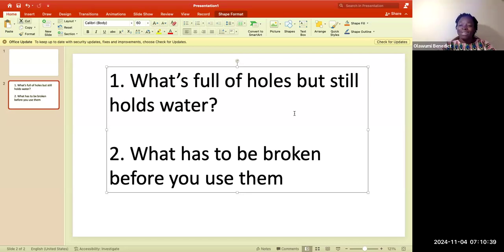Everybody is correct, because if we look at it from the 2 different angles that each side put up, from the farmer side and from an ordinary person perspective. From the farmer side, yes, soil is correct. Soil is full of water, full of holes, but it never holds water.